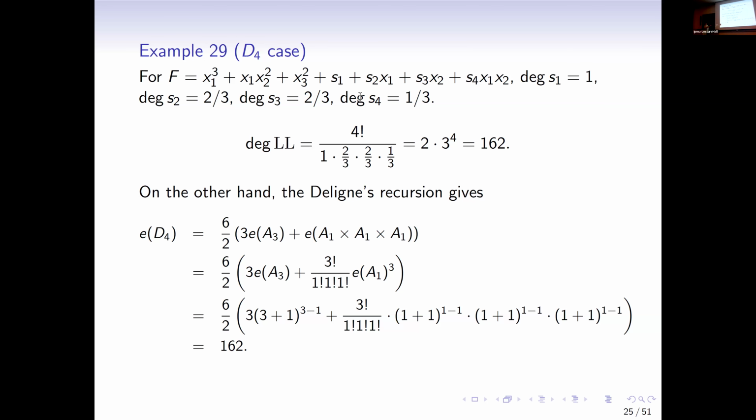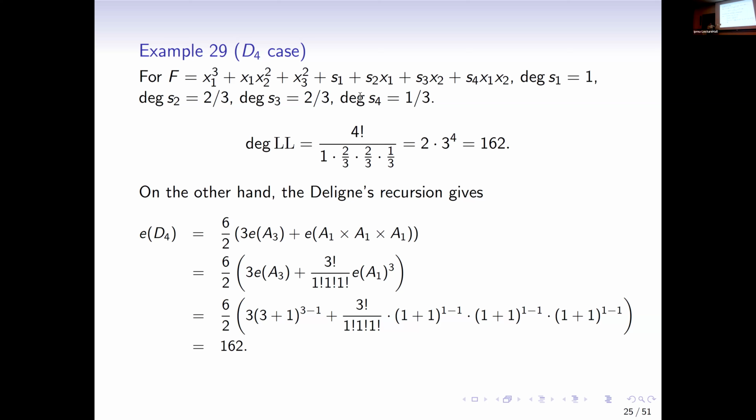On the other hand, one can solve Deligne's recursion formula in this way. Starting from the usual linking diagram of type D4, we can choose four vertices. If we remove an edge vertex, and there are three edge vertices, we get A3.